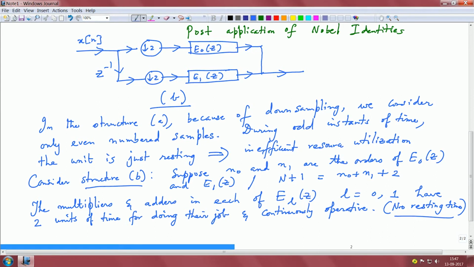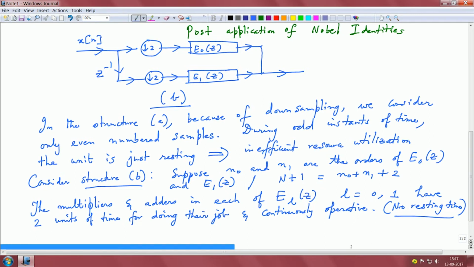You are cutting down the filter order in the first cut, that means your number of multiplications and additions would be lower on a per branch basis, and then you are continuously operative because you are not wasting any time here, because you are streaming the odd samples here and none of the units is resting, right.